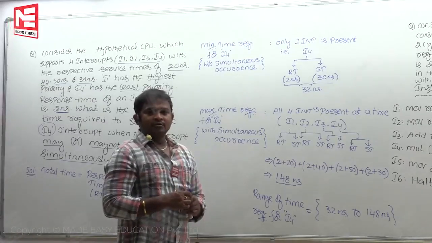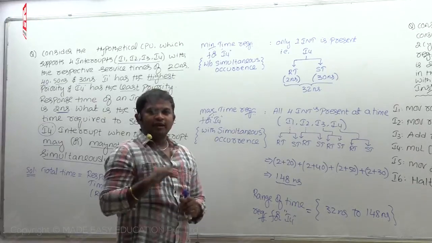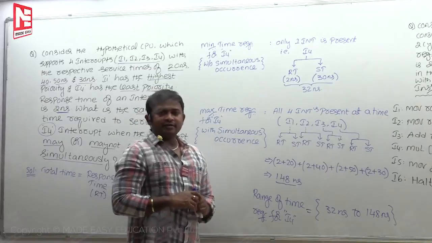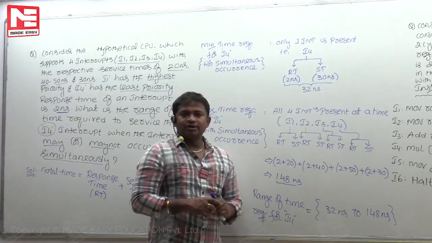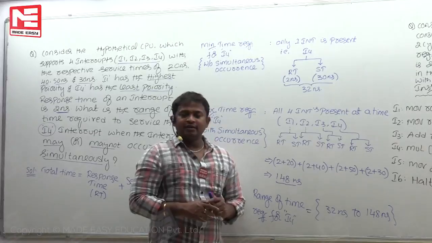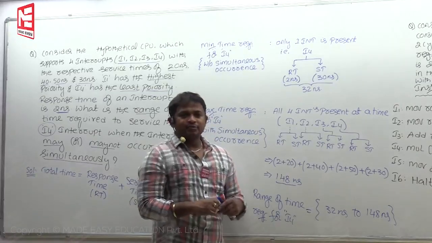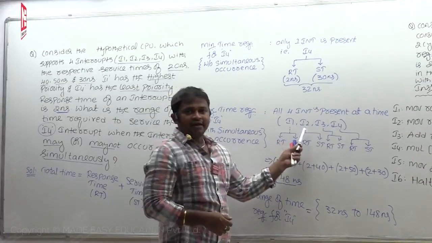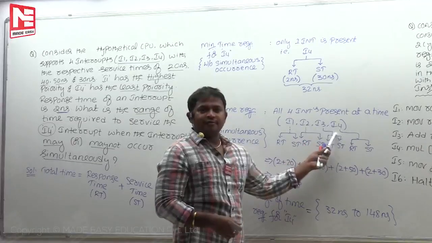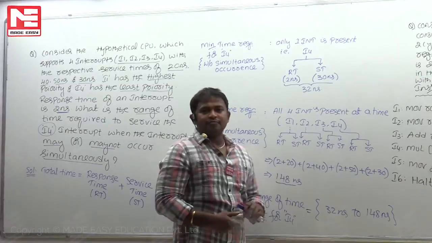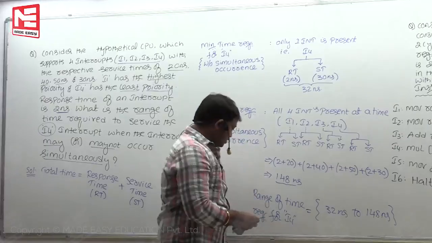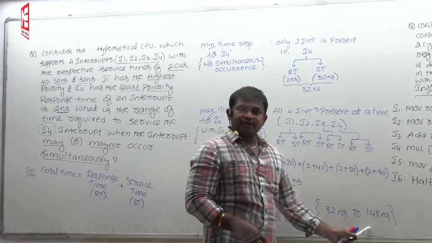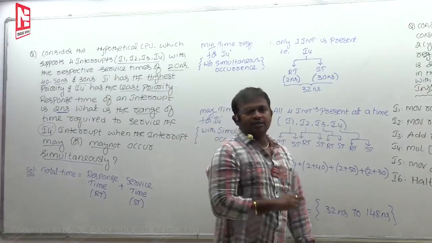Maximum time is possible with simultaneous, meaning all 4 interrupts are occurred at a time. Then service them according to the priority. Question indicating I1 is highest priority, I4 is least priority. That's why first we service I1 and I2, next I3, last I4. So maximum time is for I4. Answer is 32 nanoseconds to 148 nanoseconds. Right? Now see the next question.